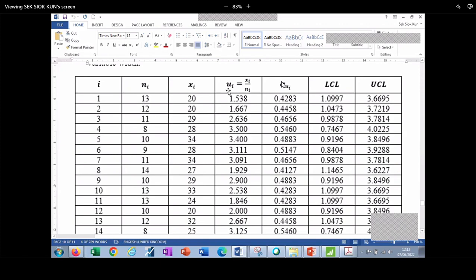So to calculate ui, you cannot divide by the same number; you need to divide by ni instead. And then sigma is also different due to the different sample size, so you need to calculate it for each subgroup. Same with the upper and lower control limits, because they are different, so you need to calculate them for each sample.